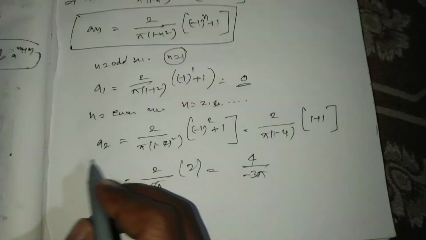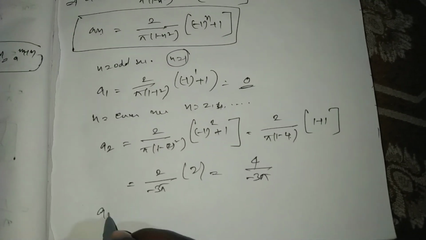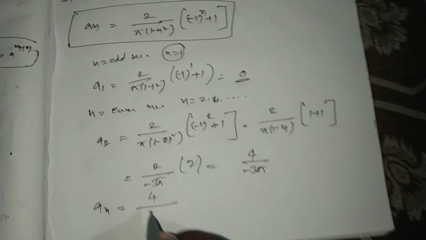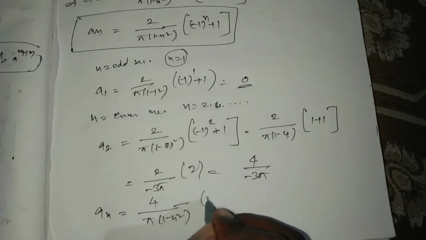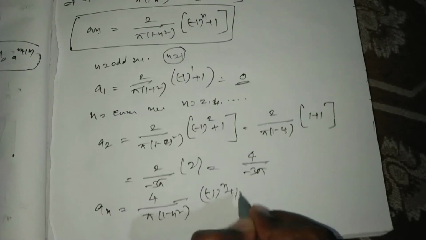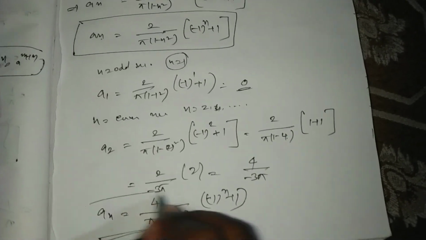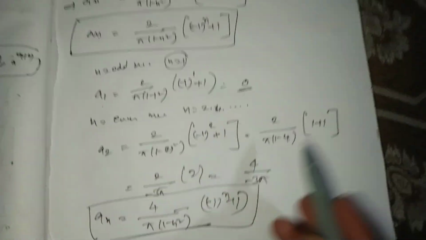So when we substitute even values, an is equal to 4 by pi into 1 minus n square, and minus 1 power n plus 1 gives positive values. When you substitute odd values, it will be 0.